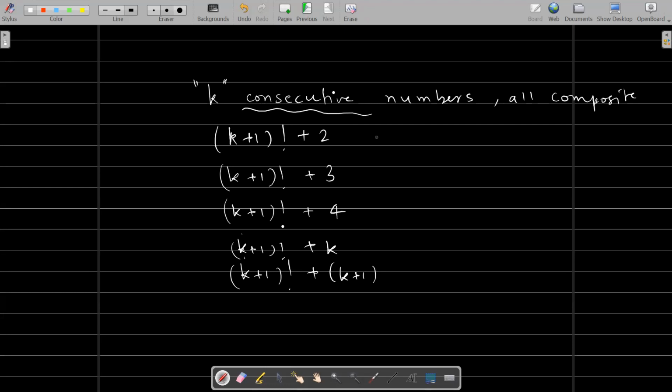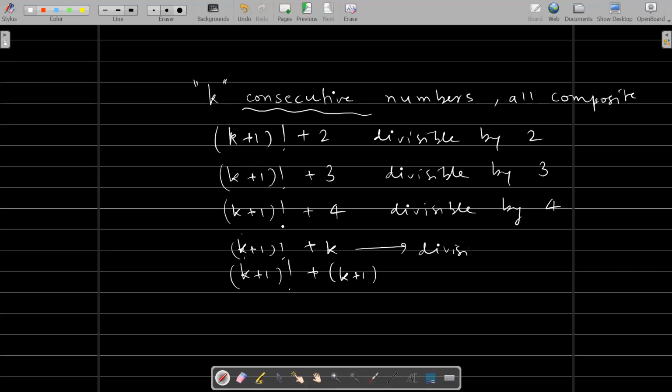This is divisible by 2. This is divisible by 3. This is divisible by 4, and so on. This will be divisible by k.